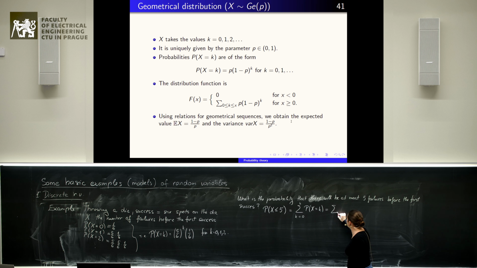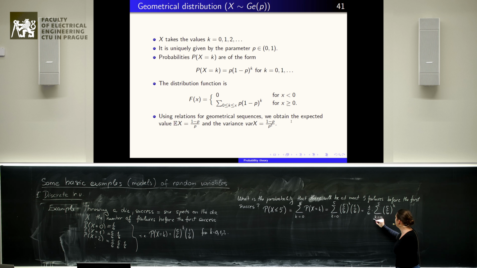It is the sum of 5/6 to the power k times 1/6. 1/6 doesn't depend on k, so we can write that it is 1/6 times the sum from 0 to 5 of 5/6 to the power k.